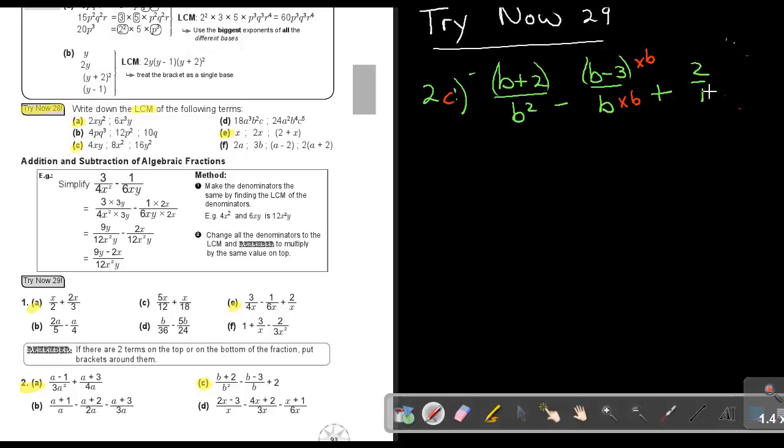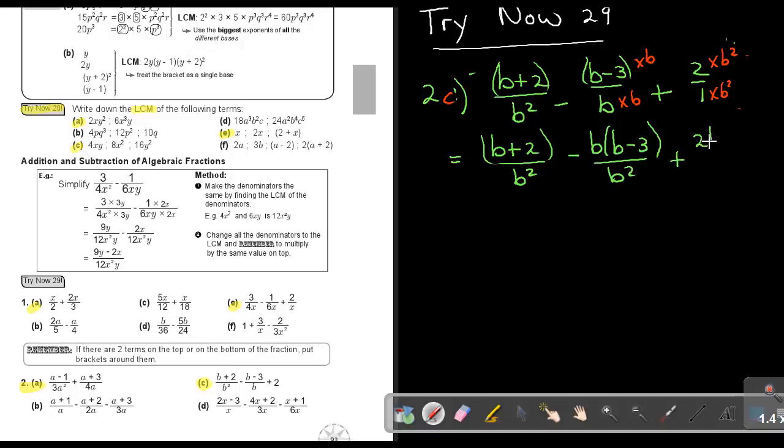Okay, so this one multiplied by b squared, multiplied by b squared. So if I simplify this, it's going to be b plus 2 over b squared minus, there's the b minus 3 over b squared plus 2b squared over b squared.